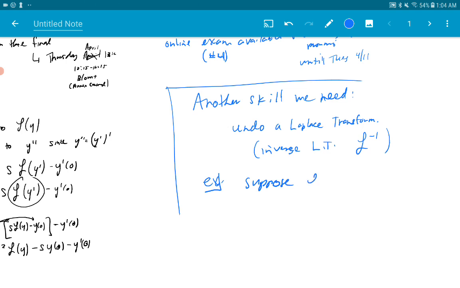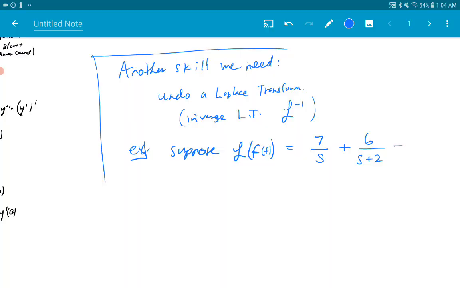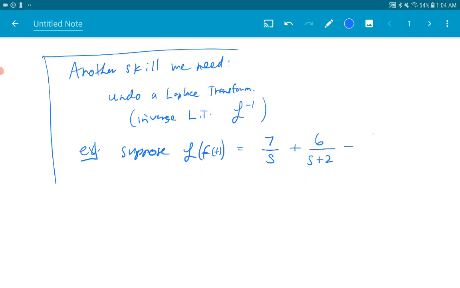Suppose the Laplace transform of some function that you don't know, some function of t, happens to equal something like 7 over s plus 6 over s plus 2, and then minus 3 over s squared plus 25.